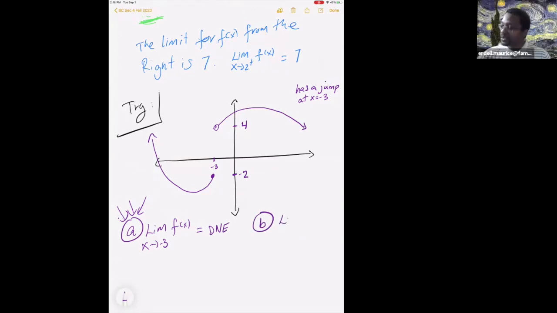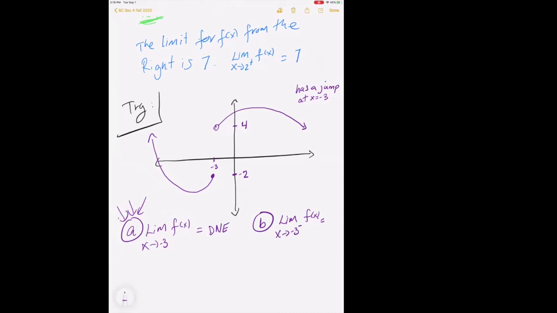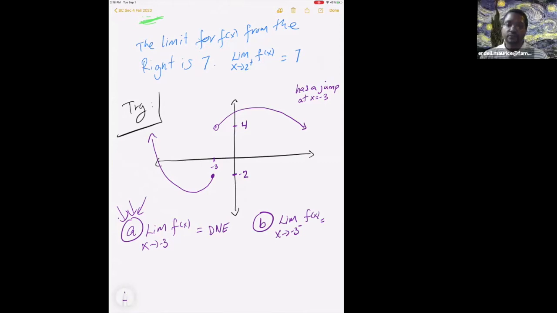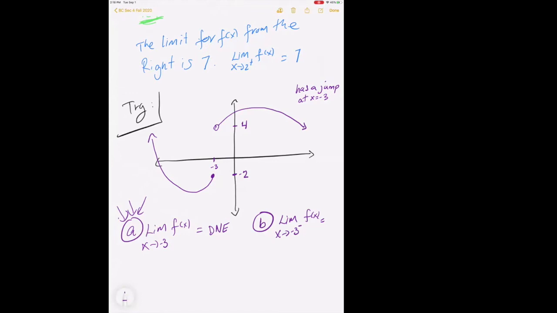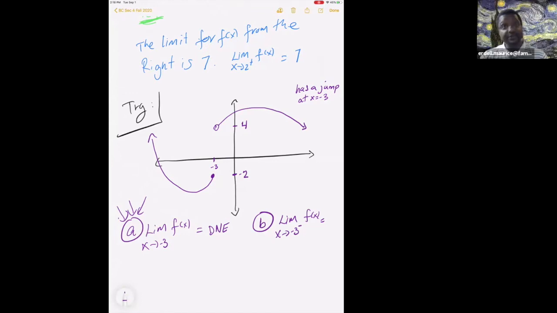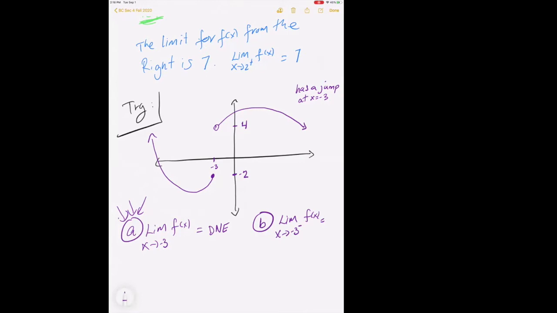So question number B. I want the limit as x approaches -3 from the left of this function right here. What would that limit be? Is it 0? No. How do you get 0? No, it's -2. Yes, it is -2. How do you get -2? Because that point on the graph is at -3, -2.